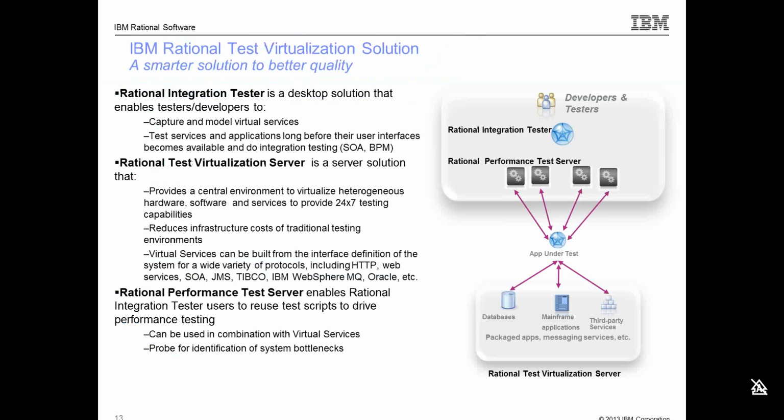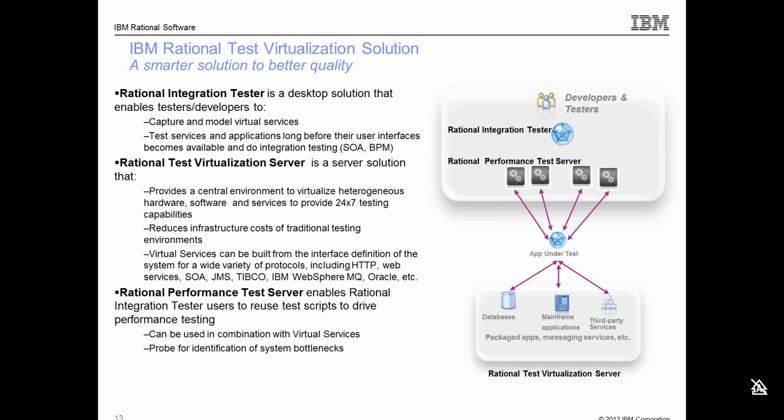So talking quickly about the specific solution that addresses application virtualization, we have what is called the IBM Rational Test Virtualization Solution. And this is a bunch of different solutions that are put together in order to give you this enhanced capability of service virtualization.